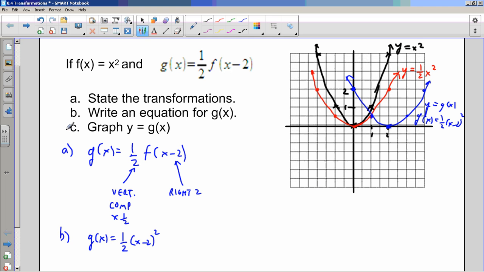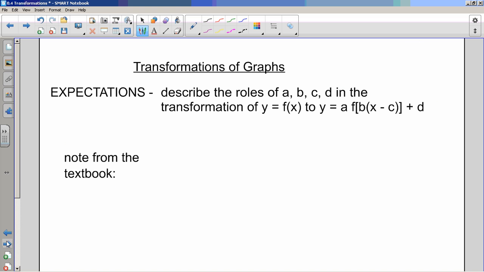Good. Hopefully that's review for you and some transformations. We're going to get lots of cracks at the transformation this year, but this first point of the lesson is something that's a little bit new. The textbook handles transformations in a little bit of a different way. They call it a mapping notation or a mapping transformation.